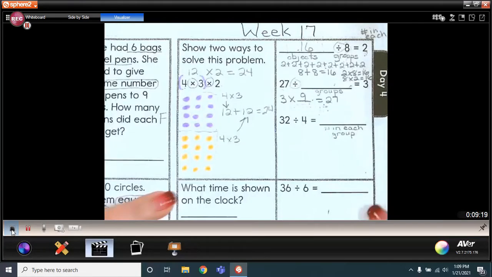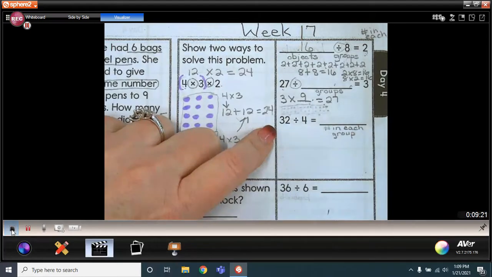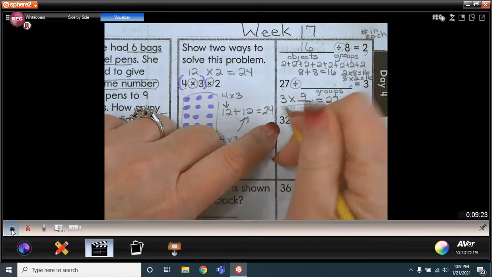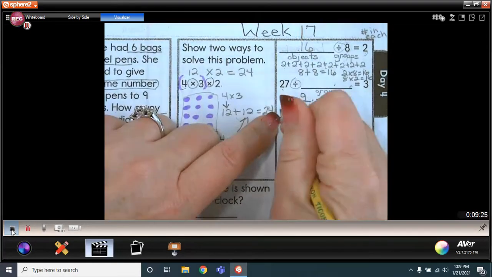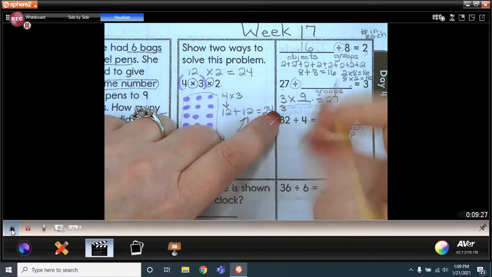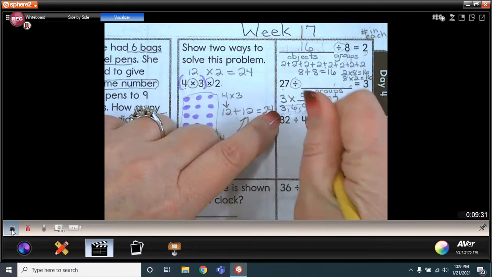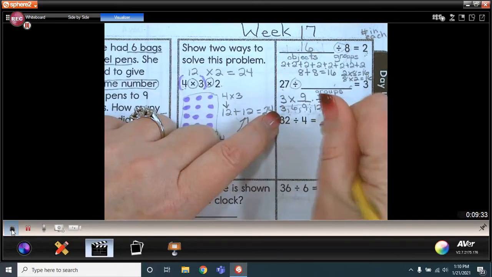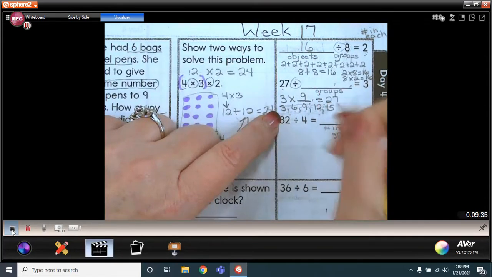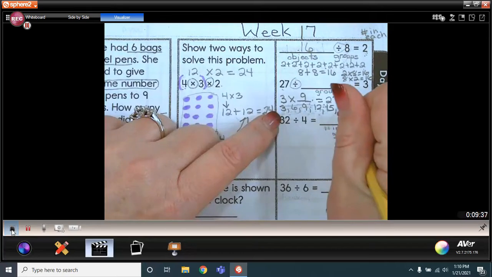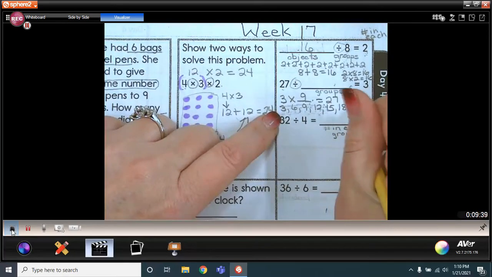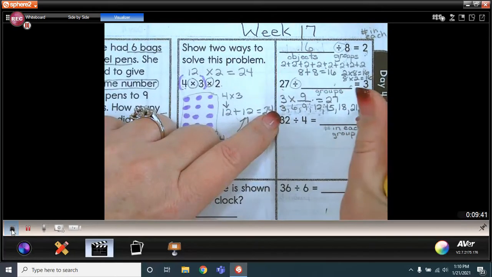You could also figure it out by putting groups of 3s and counting by 3s to get to 27 and see how many groups of 3 you were able to make. So 3, 6, 9, 12, 3 more would be 15, another 3 is 18, 21 is another 3, 24, and finally 27.